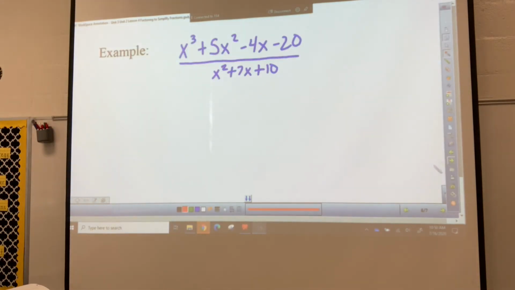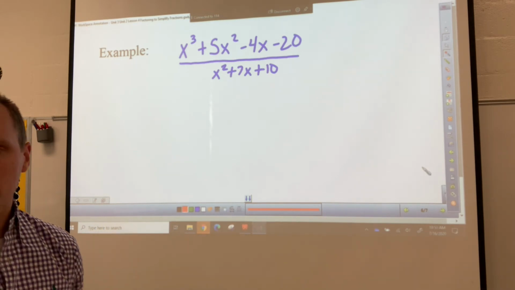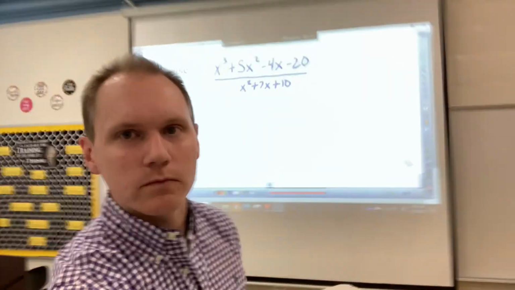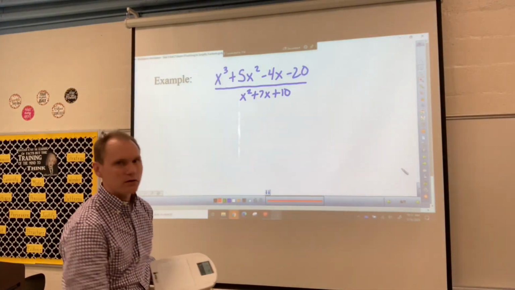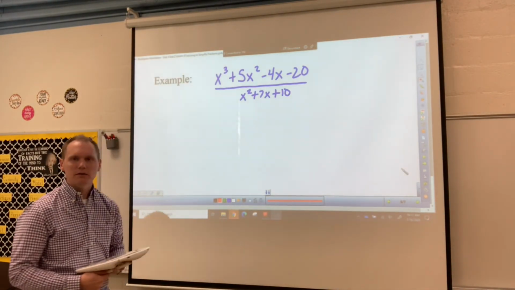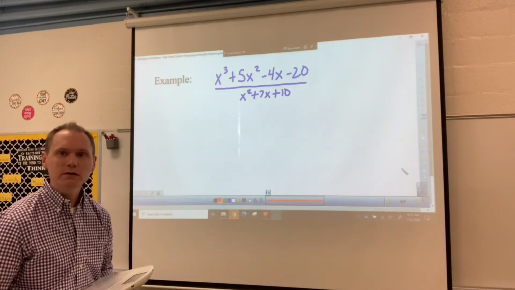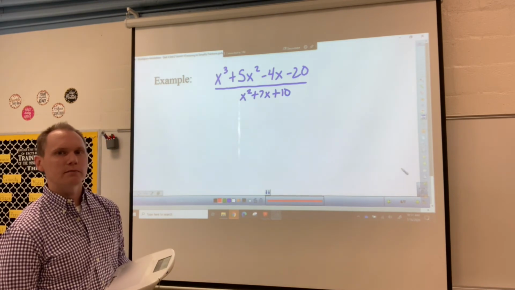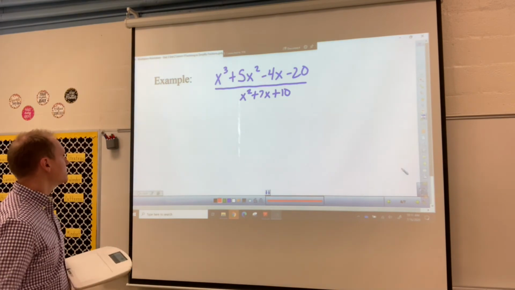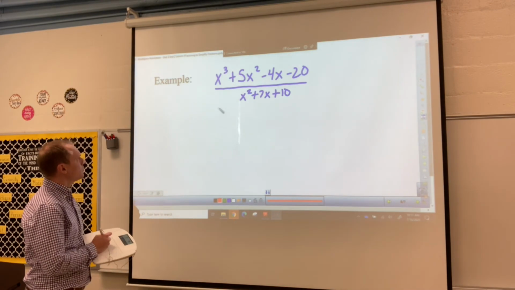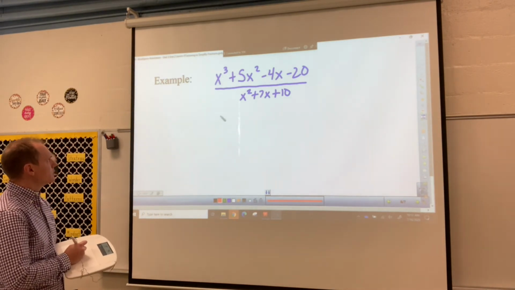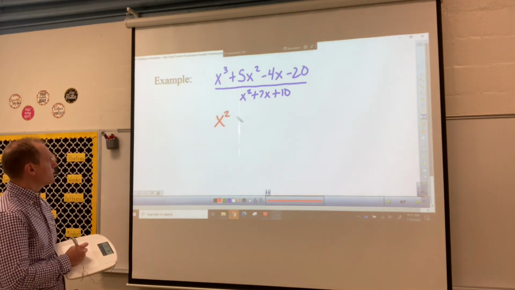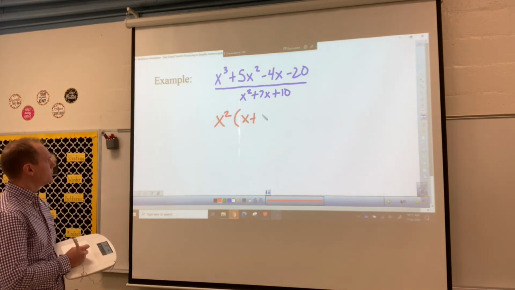All right, in this next example, we've got a cubic divided by a quadratic. So take a minute and see if you can factor both of these and see if there's any common factors that you can use to simplify. All right, so in the top one here, the numerator, we can factor by grouping. So we can take out an x squared, leaving us with x plus 5.